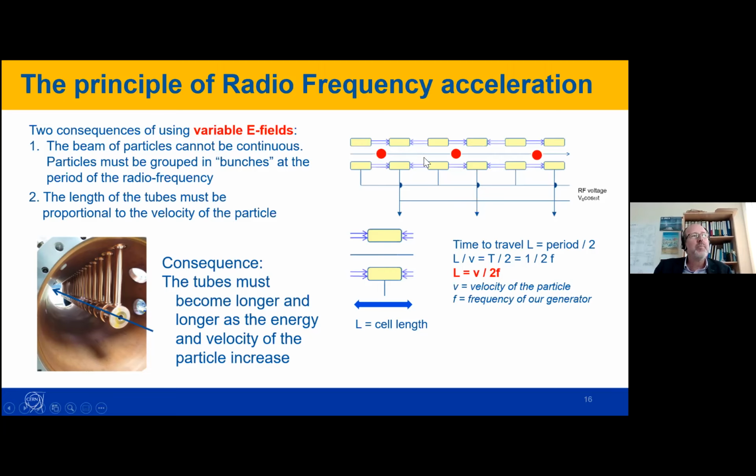The distance between gaps and also the length of the tubes must be very precisely defined so that synchronism is kept, so that the particles will always find accelerating fields. The magic, or the difficulty, of particle accelerators is always to build larger and larger accelerators that have to respect this synchronism between the waves, because variable fields come in waves, and the particle.